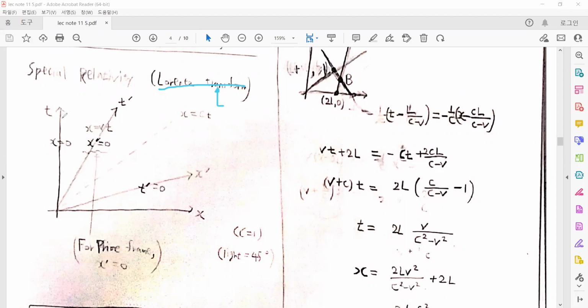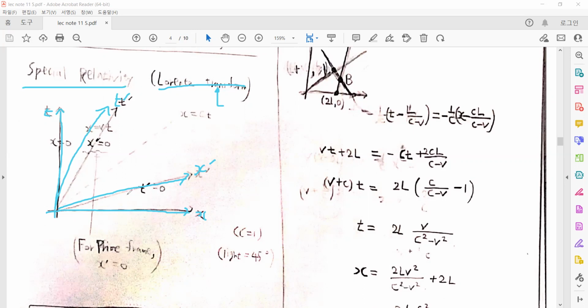And the space-time diagram changes like that. There are the X and T axes for the last prime observer, and for the moving observer, the X prime axis and T prime axis are given like that in the special relativity space-time diagram.